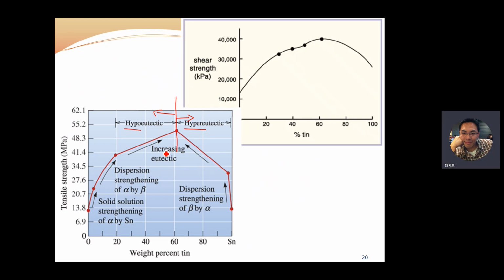For the hypoeutectic, initially there is solid solution strengthening of alpha by tin, and then dispersion strengthening of alpha by beta, increasing toward the eutectic. That's why I mentioned that the eutectic composition is important for dispersion strengthening. Because it has the lowest melting temperature, it has the highest mechanical property.